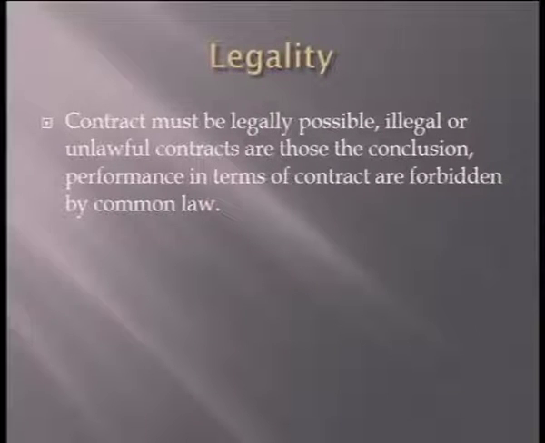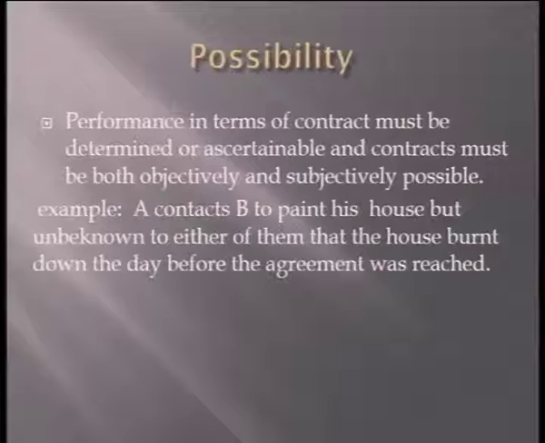You cannot get into a contract to buy all the birds and all the insects in the country. You cannot get into a contract to buy the moon. It's not legal. It's self-explanatory that it is not possible to be done or exercised.